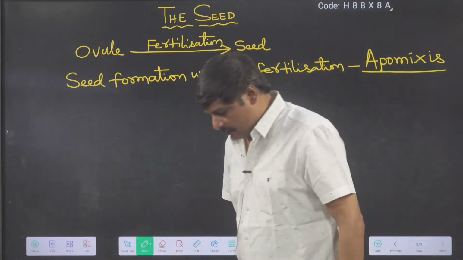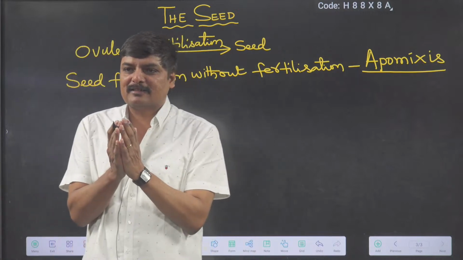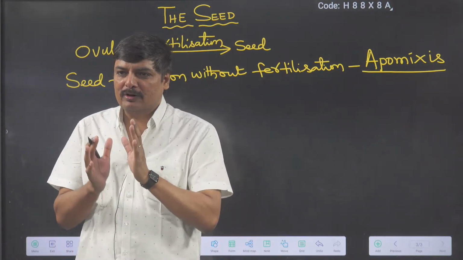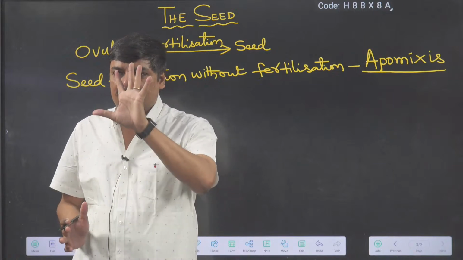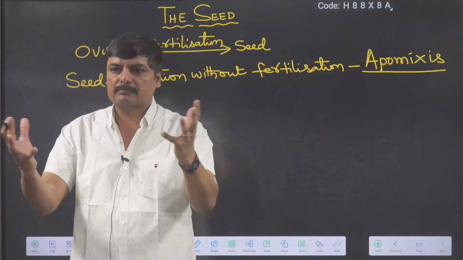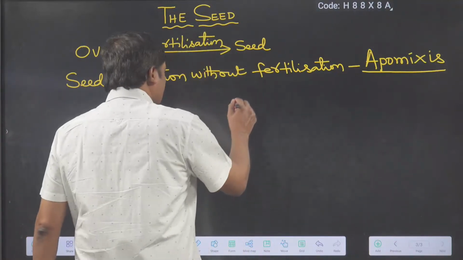Okay, clear. Now, in which group of plants are seeds formed? You know, I told you in the first class itself that there are 5 groups of plants in the plant kingdom on this earth. What are those 5 groups of plants?